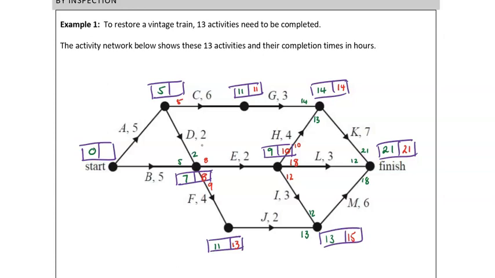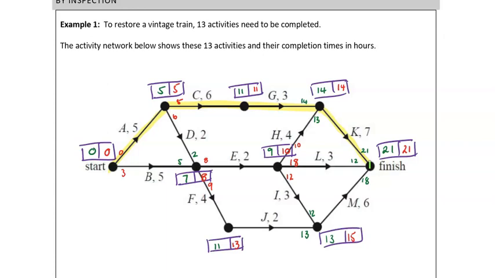So D, 8 minus 2, 6, but 5 is the smallest, which means A, 0. B, we've got 8 minus 5, 3. So B, 0. Just do a check. Yes, we've filled in all of those boxes. Our critical path goes A, C, G, K. That gives us our 21.